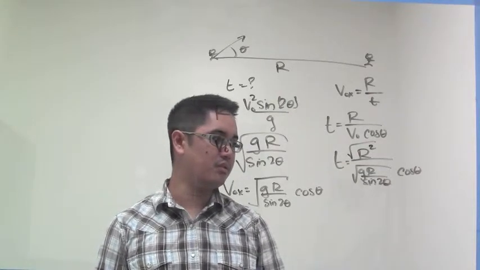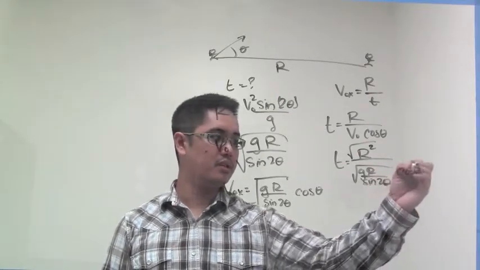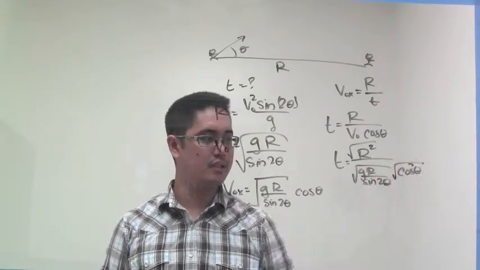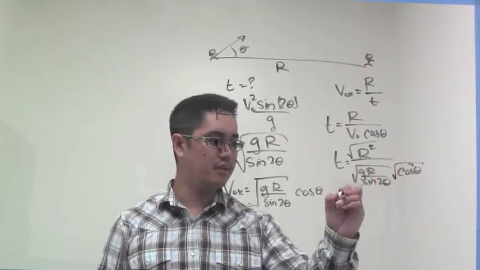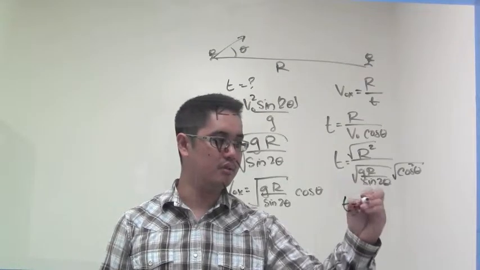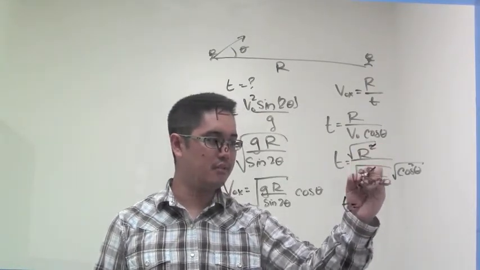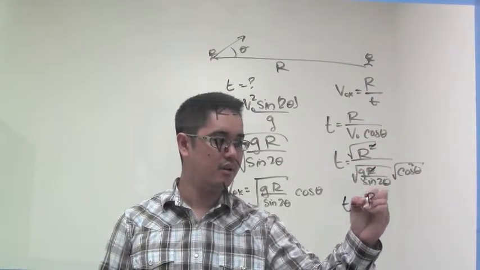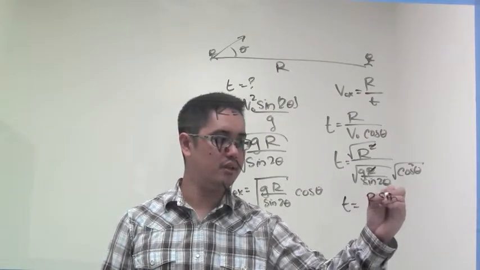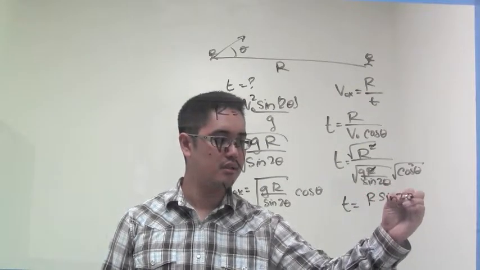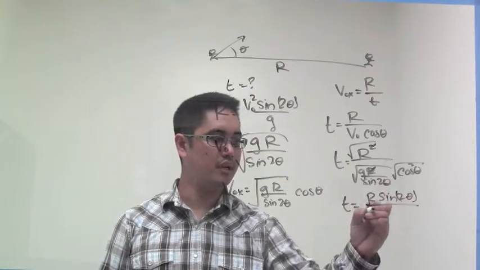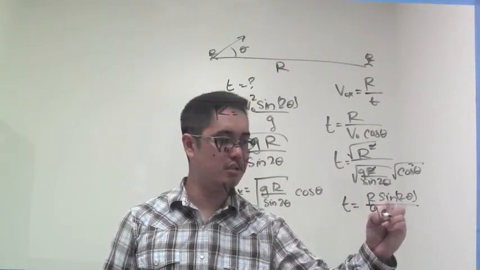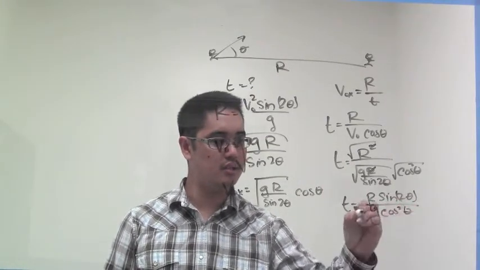I'm also going to make this squared and put a square root over that. Then t is equal to, one of these cancels out with that, so I have r sine 2 theta divided by g cosine squared theta.